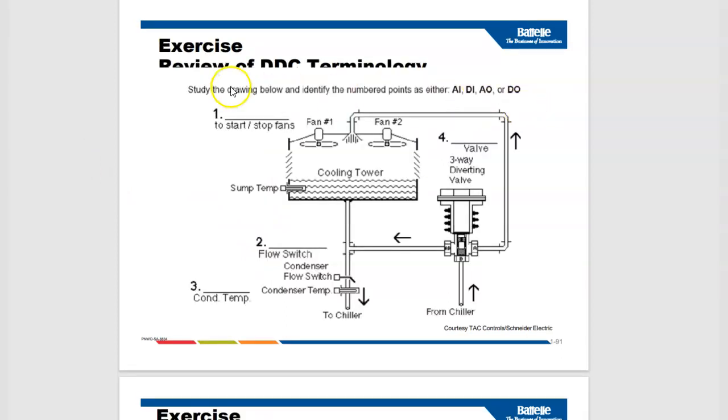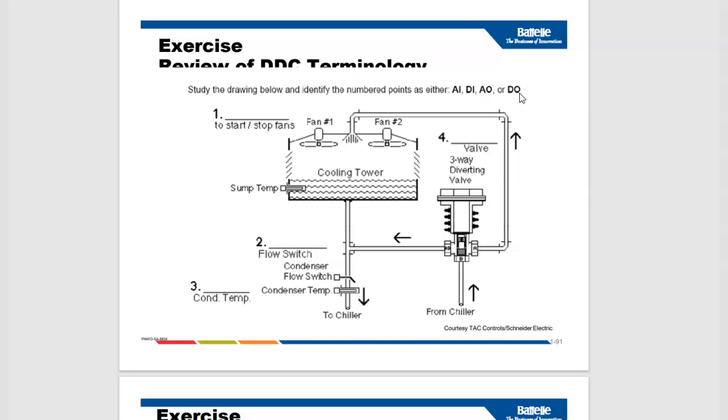Basically, this is an example where you determine which one is AI, DI, AO, DO. What is AI, DI, AO, DO? AI means analog input, DI means digital input, AO is analog output, and DO is digital output. What do I mean by that?